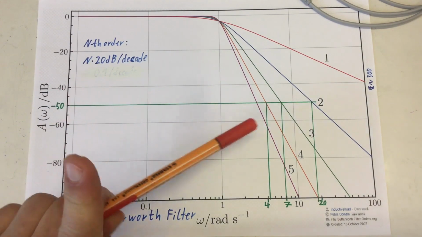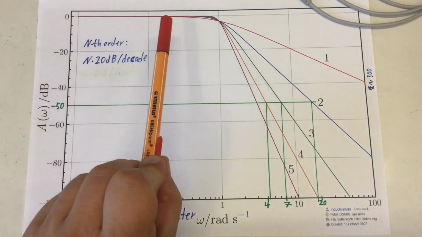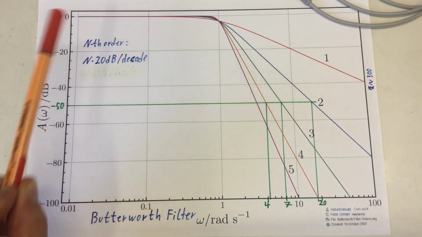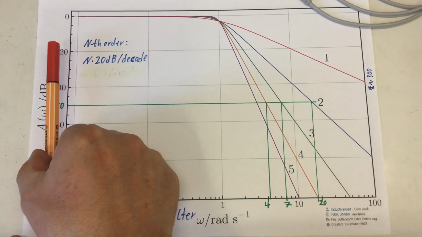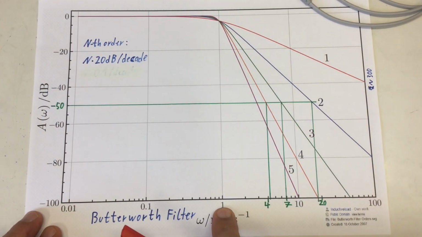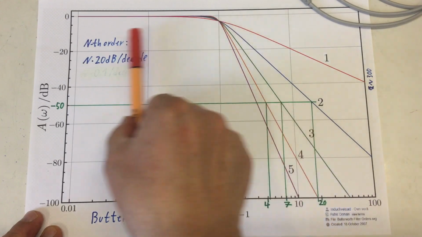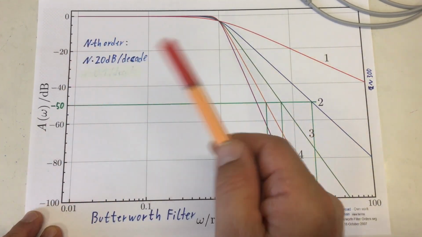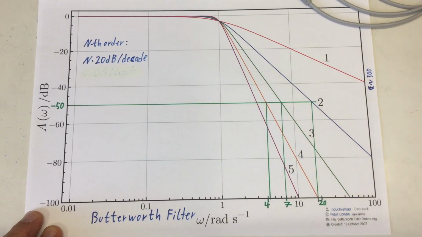application. And the first important line here on the y-axis is of course 0 dB, because that area here, usually up to the corner frequency, is the bandwidth our analog signal can have after the filter.